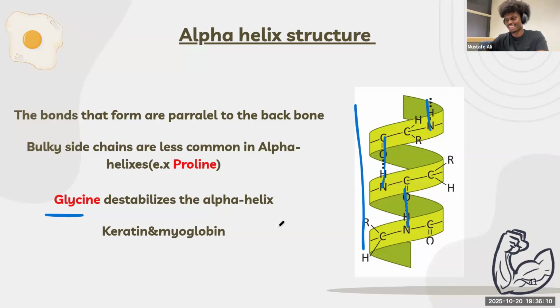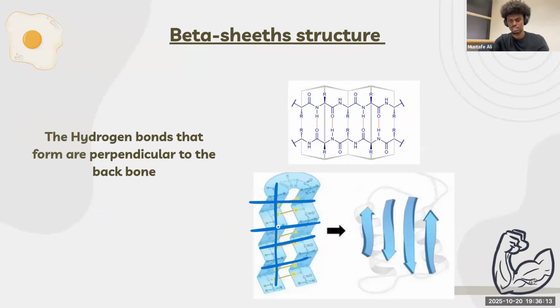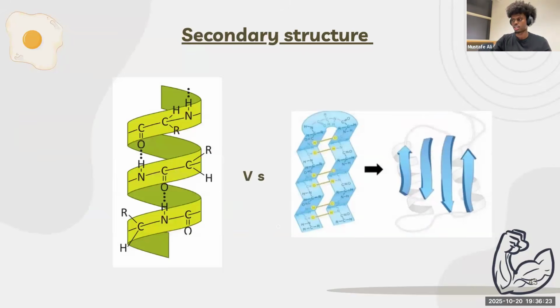Beta-pleated sheets. That's about it for them. The hydrogen bonds that form are perpendicular to the peptide backbone, and so it folds up like a sheet. Now, can anyone tell me what makes the alpha helix structure, even though I just explained it? Why does it have this structure? What is the most important thing to know? Thank you very much. There are hydrogen bonds that form parallel to the peptide backbone.